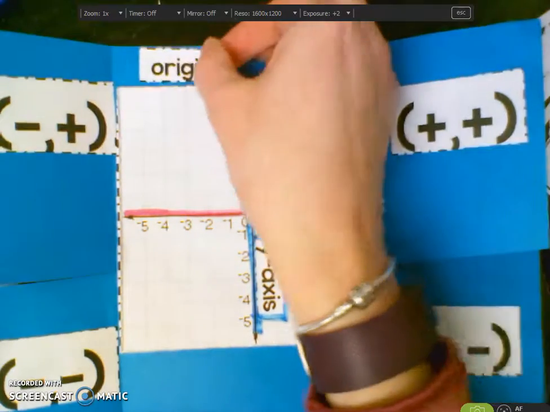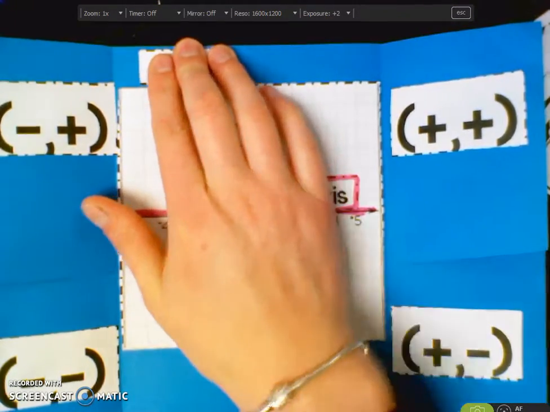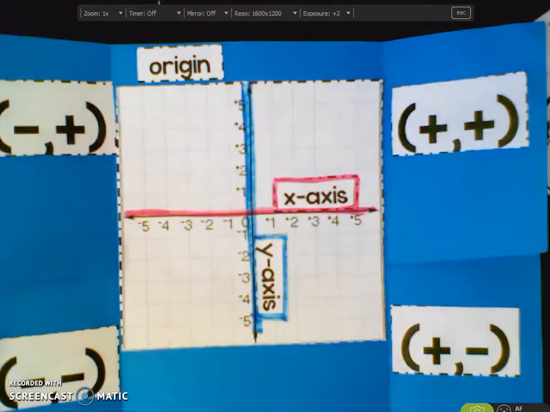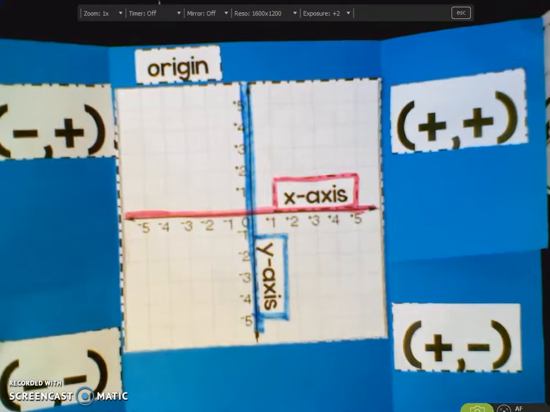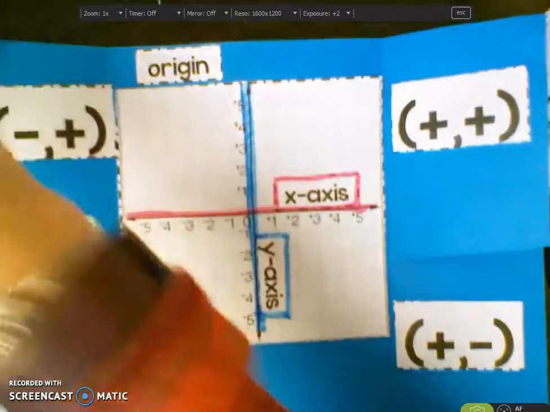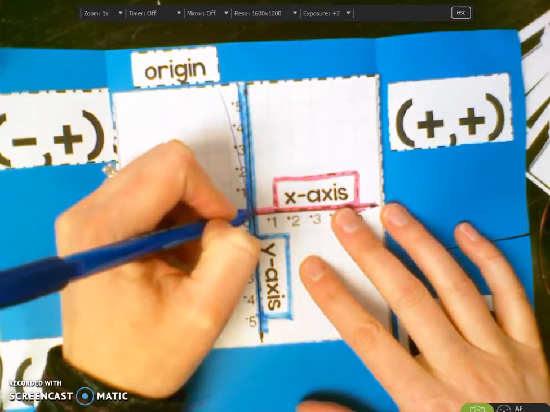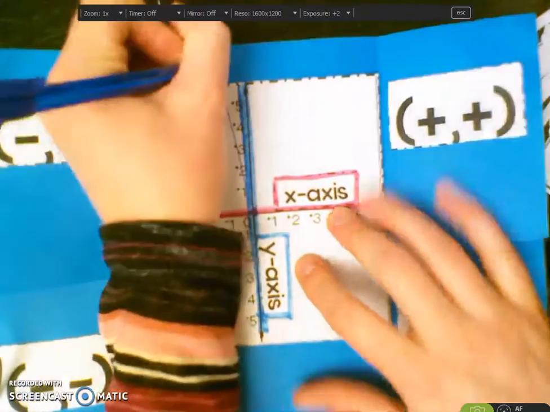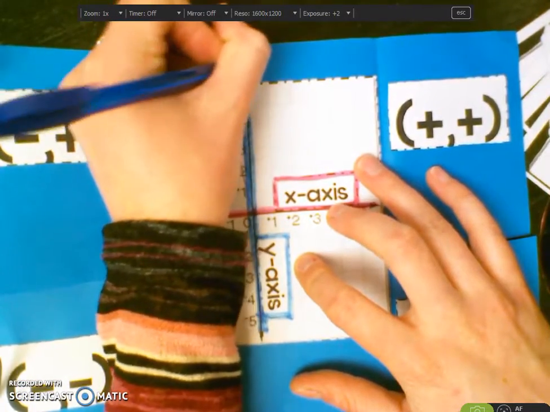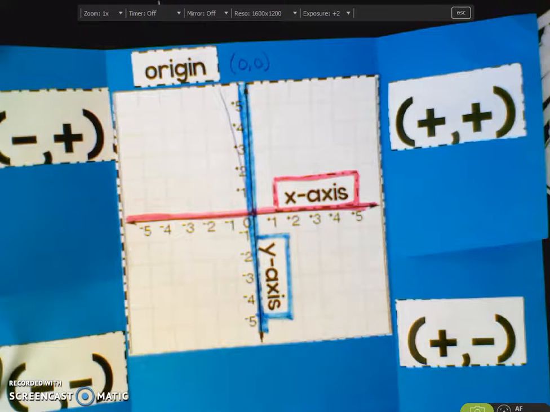Maybe you have already talked about where the origin is. You can think, origin, that word kind of comes from original. The origin is actually right here, at the point 0, 0. At 0, 0 is where the origin is.